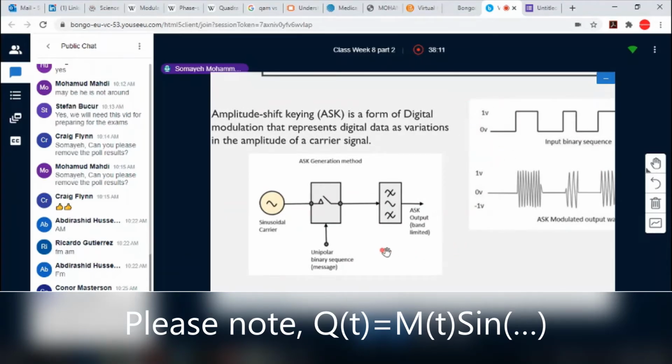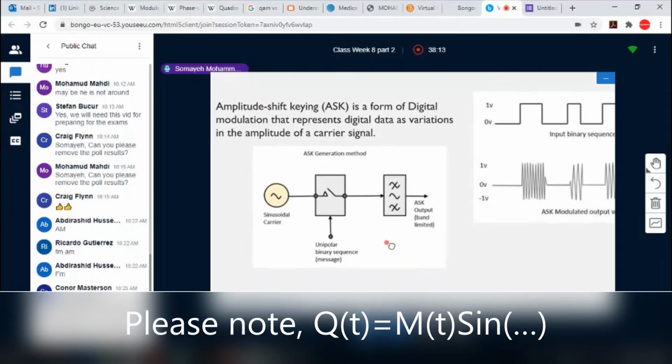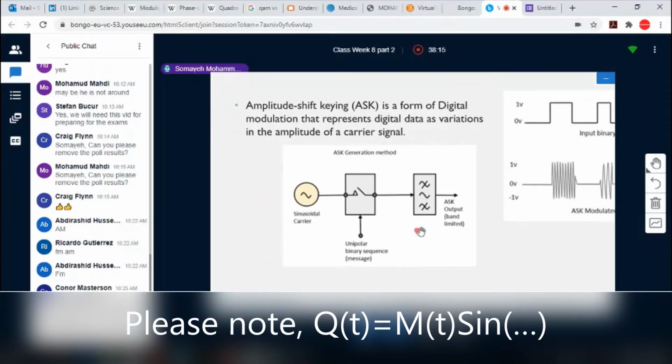That's not exactly how it is implemented, but it is a good way of looking at how that signal can be generated. So I have control of my sinusoid: I'm allowing it when I have ones, and when I have zero, it is blocked, so nothing is sent.